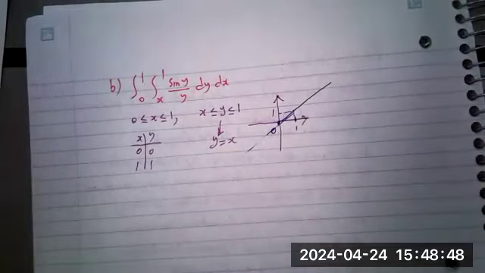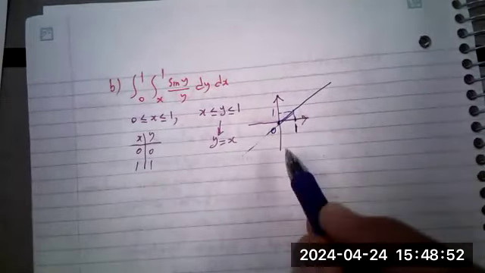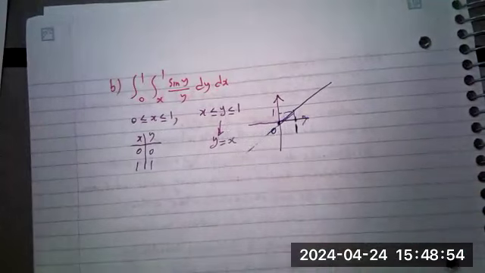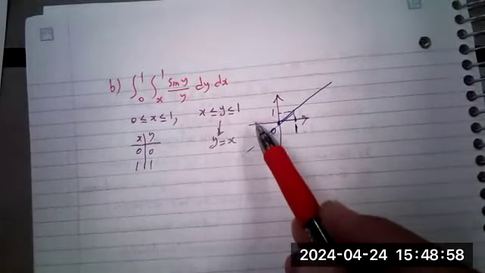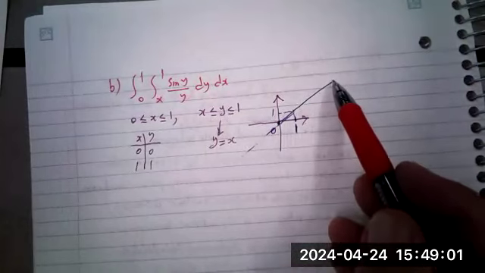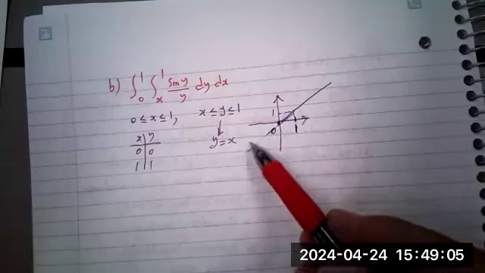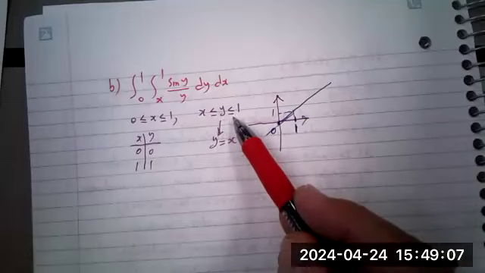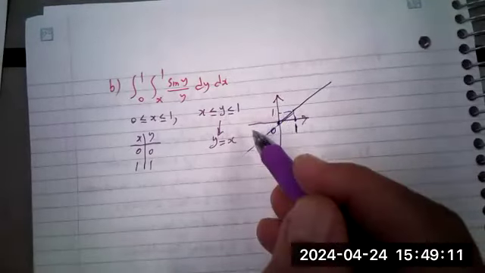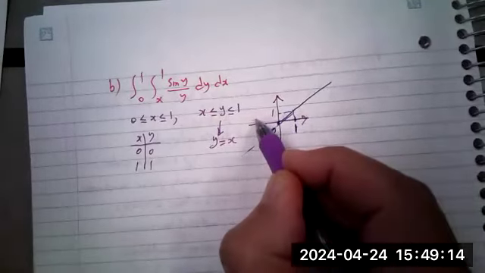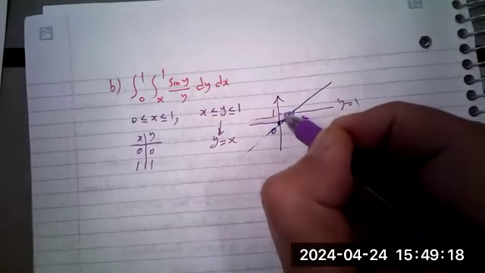The region in question has x between 0 and 1, and y between the bottom one, y equal to x, and the top one, y equal to 1. So the region in question is this part.